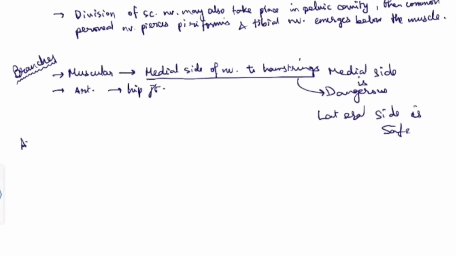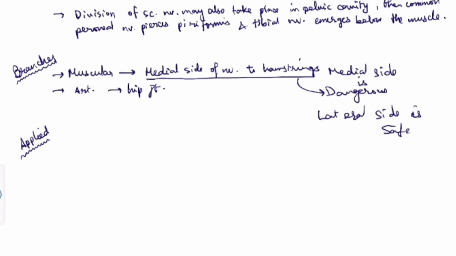Now going on to some applied anatomy of the sciatic nerve. Usually, some compression or irritation of the sciatic nerve can cause problems. Let me write this down.